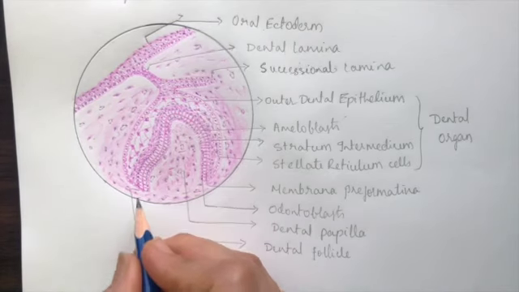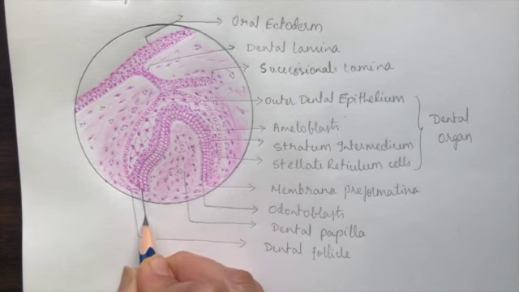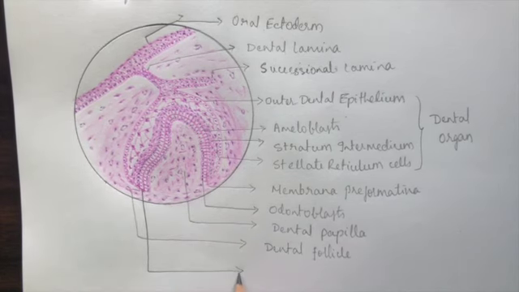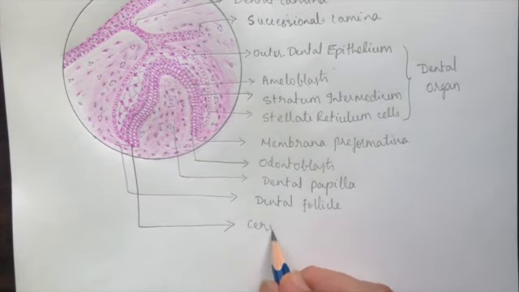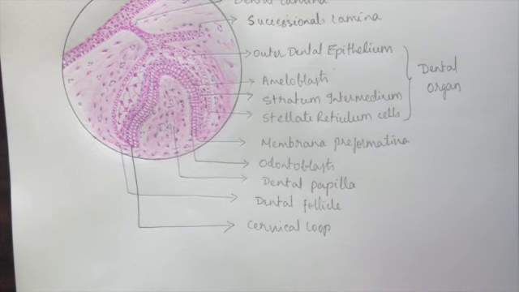Another important part that we have not labeled at this point is the cervical loop, which forms the Hertwig's epithelial root sheath, and this Hertwig's epithelial root sheath plays a very important role in the root formation.